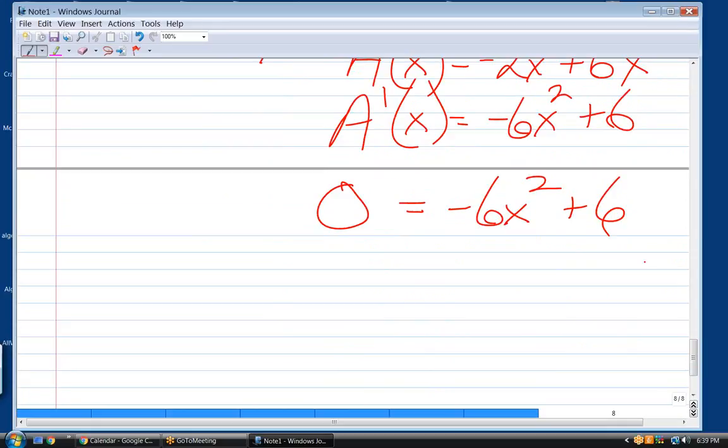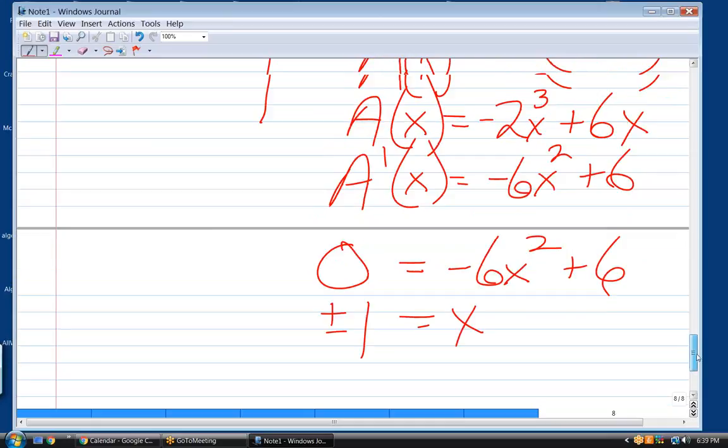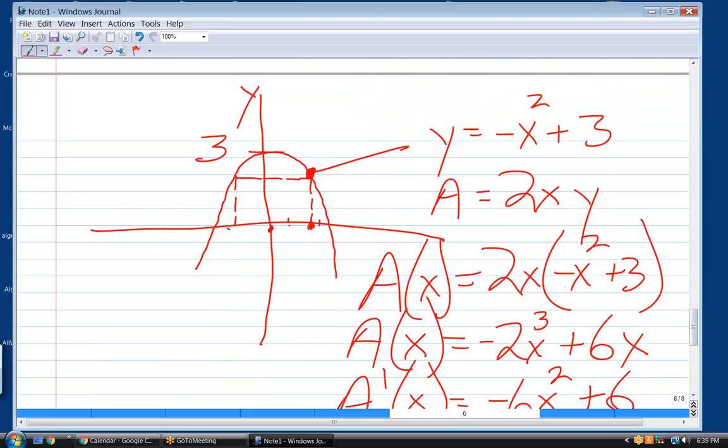So plus or minus 1. That tells us that the point comes at 1 and minus 1, and that's where you would fit the largest area rectangle into that parabola.